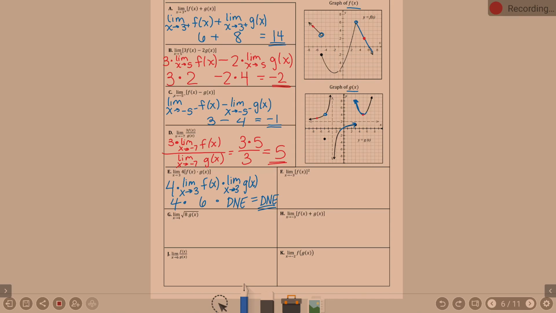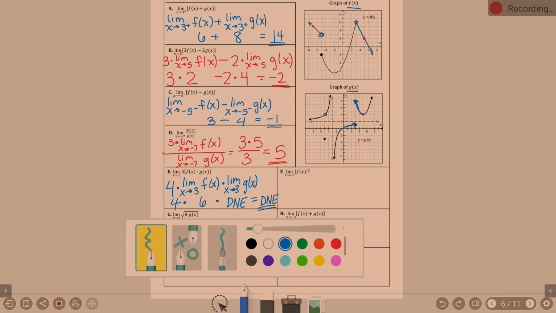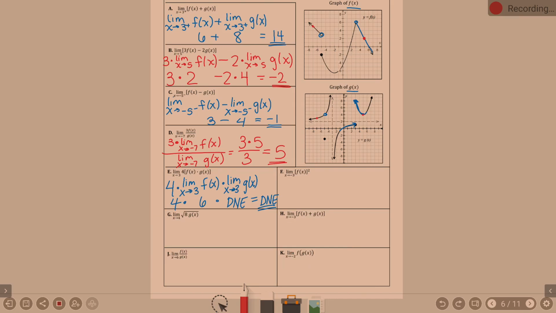Okay. I went to use my whiteout and the thing was off center. Okay, F. A power. Basically, you can find the limit and then square your answer. It's not squaring the function and then finding the limit. We're going to do the limit as x approaches negative 3 of f of x.